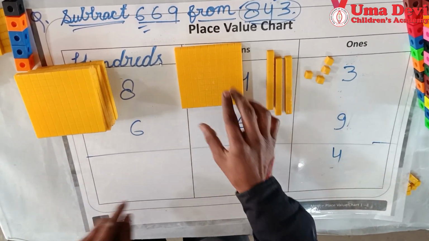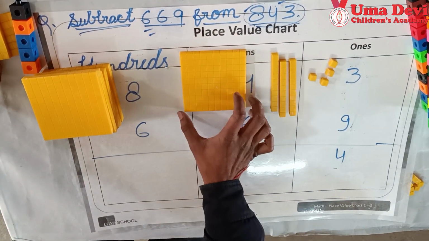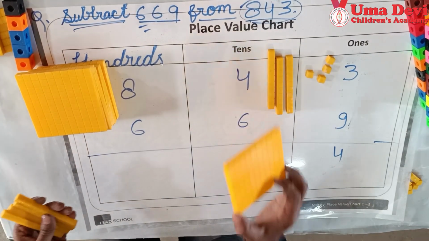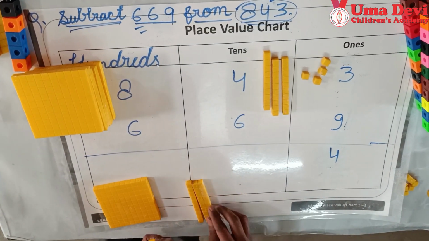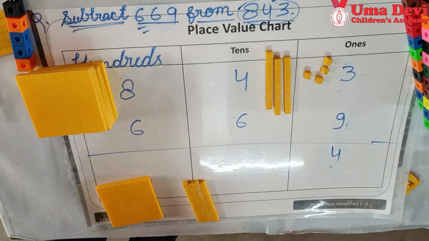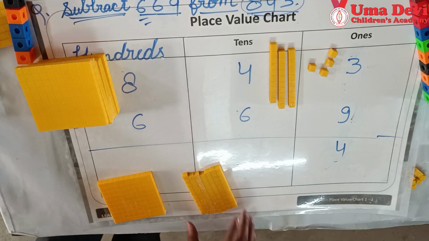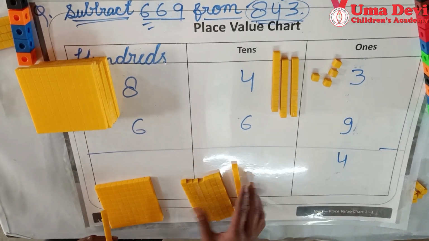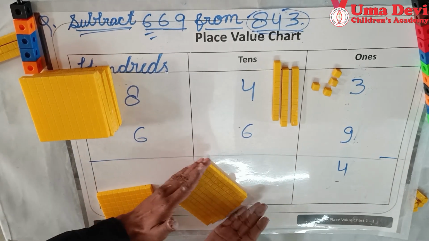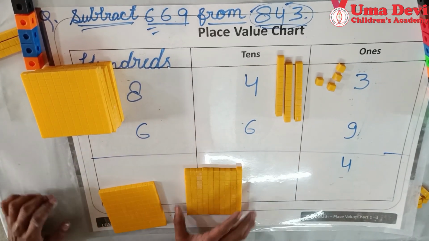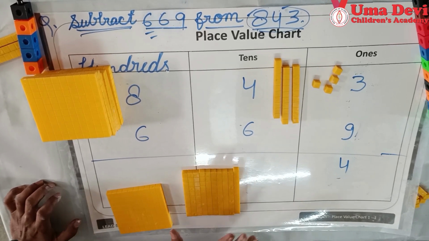These are 3. So now I am replacing this 100 block with 10 tens: 1, 2, 3, 4, 5, 6, 7, 8, 9 and 10.